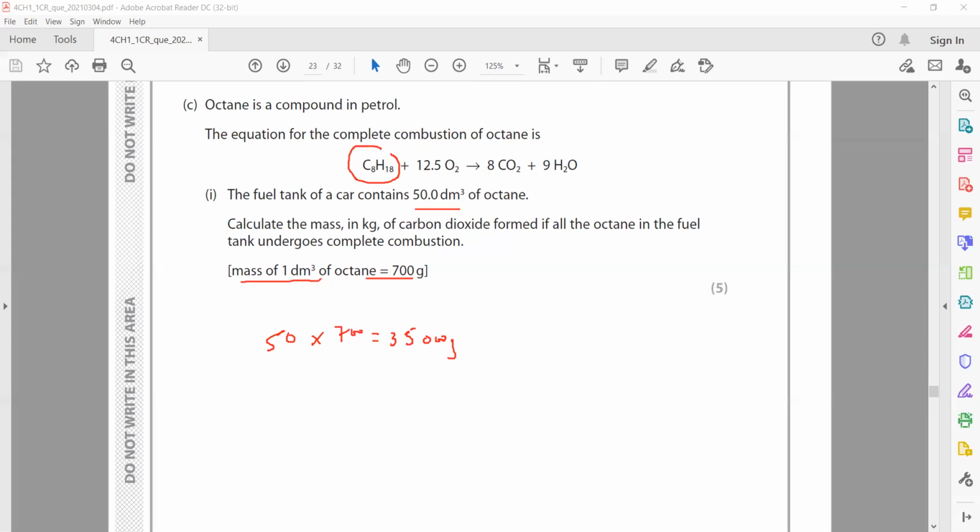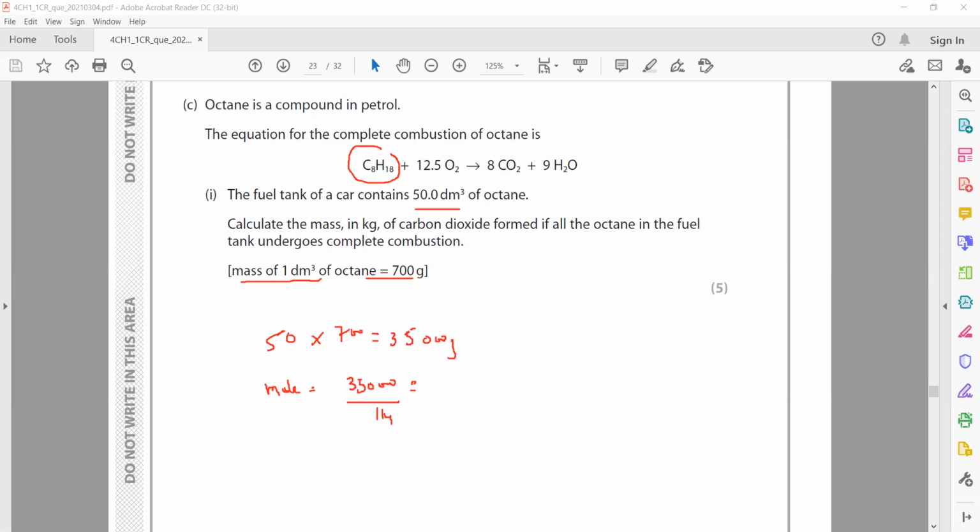grams. Then we'll get the moles of octane. Moles equals mass in grams, 35,000, divided by the molar mass of octane, which is 114. You can use the mass ratio, and we can also use the mole ratio.